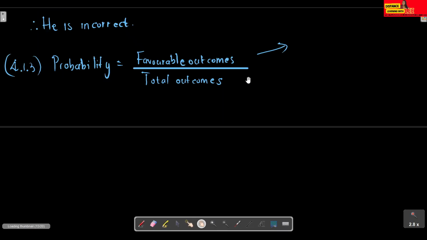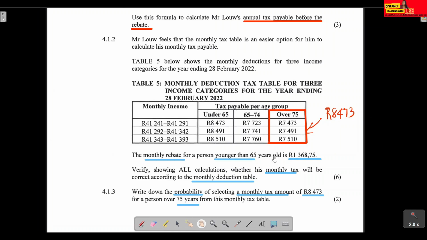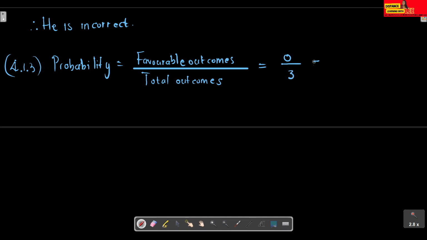So it's 0 over the total outcomes, which is 3 because we've got 3 income categories. 0 divided by 3 is 0, meaning the probability of selecting 8,473 when dealing with people over 75 years old is 0.